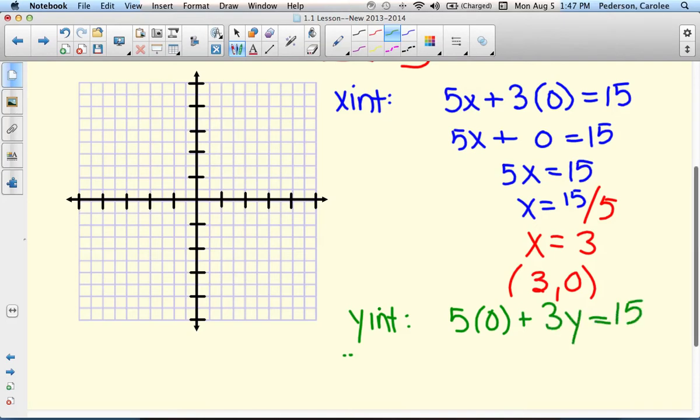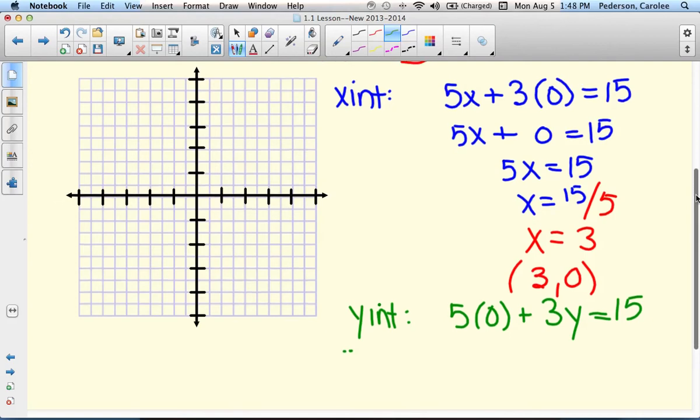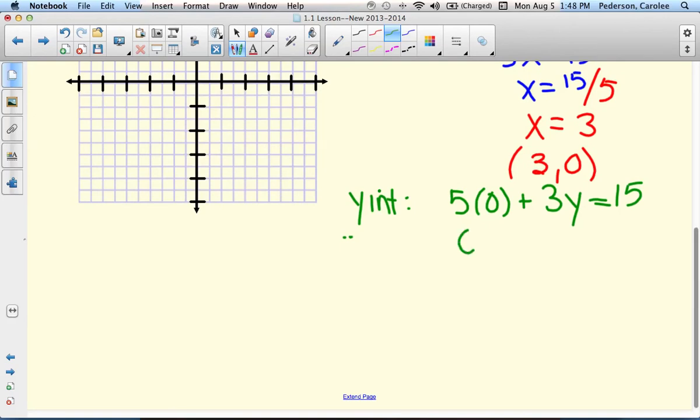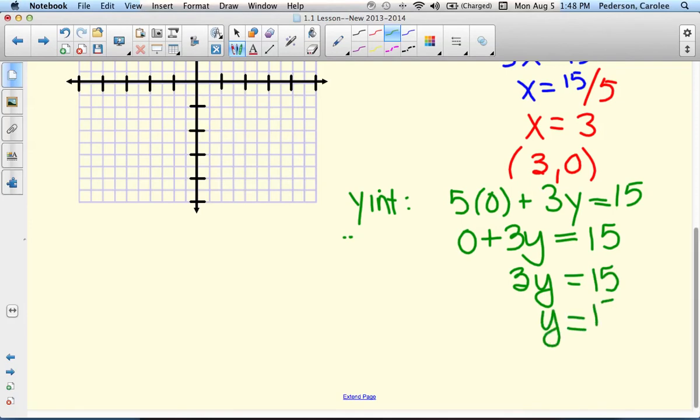Notice the y is still there, but the x cancels out to be 0. So this is 0 plus 3y equals 15. Solve for y. Divide both sides by 3, and we get y to be 5. This is where it crosses the y-axis, so we go over 0, up 5.